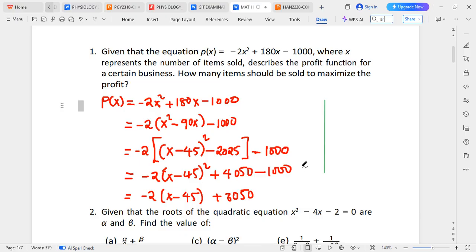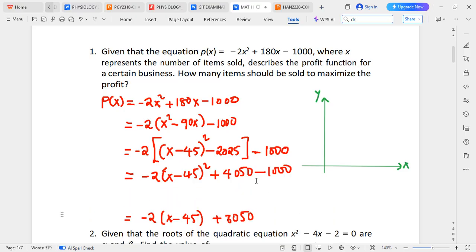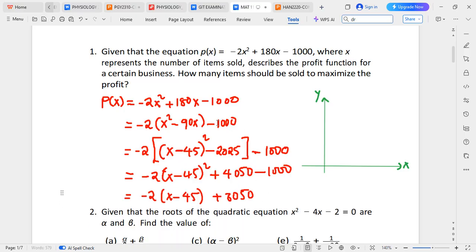So don't worry, it's really easy. There is our x, there is our y. The only thing that you look at is the turning point. And as you sketch a quadratic, what you should understand is this.